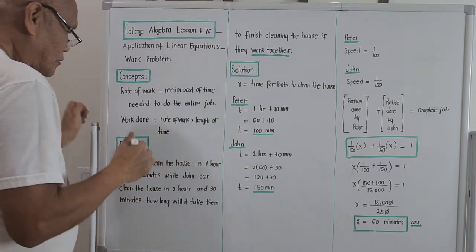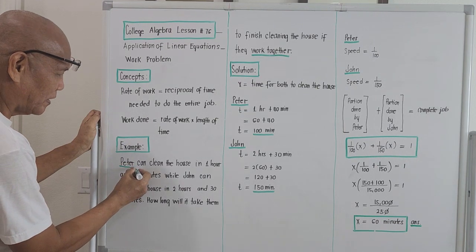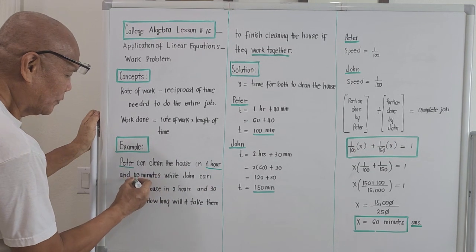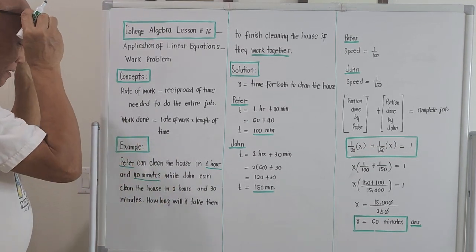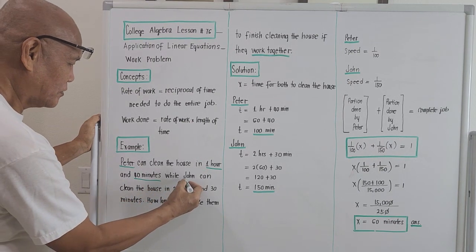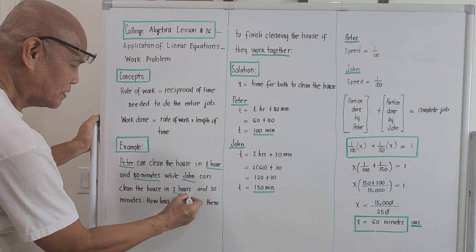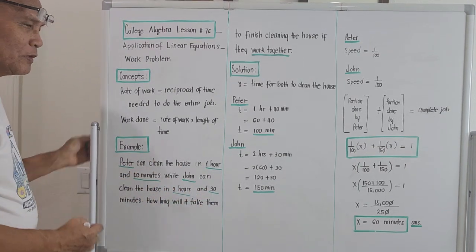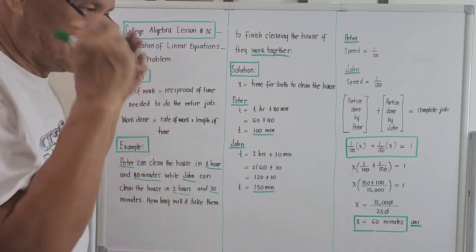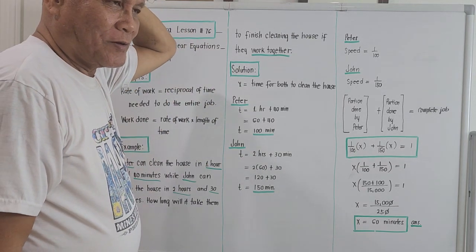So we are given the first man here, Peter, and he can finish cleaning the house in 1 hour and 40 minutes. And the next man is John, and he could clean the house in 2 hours and 30 minutes. The problem is asking if they work together, how long will it take them to clean the house? This is a logical problem.